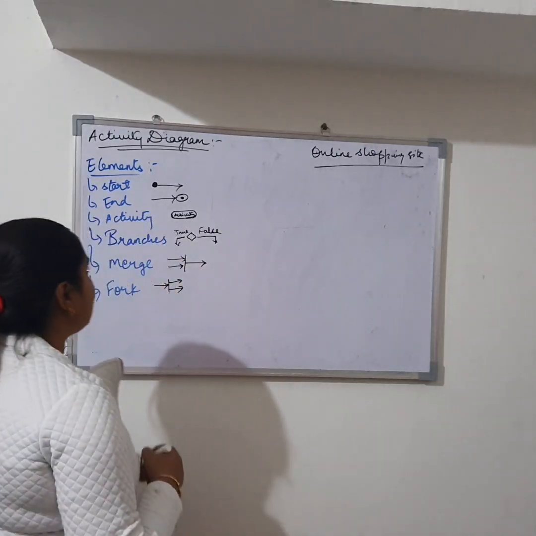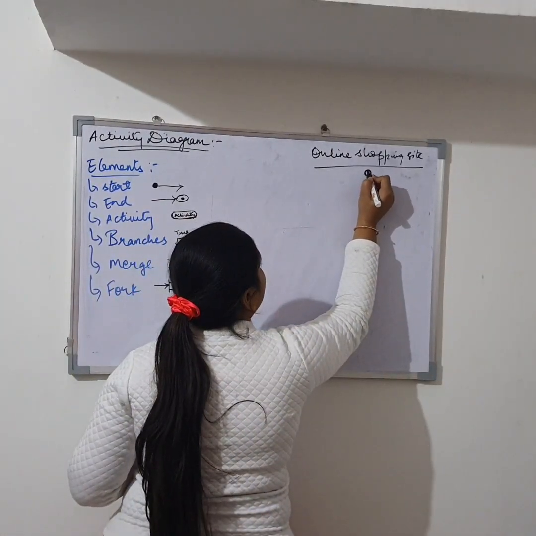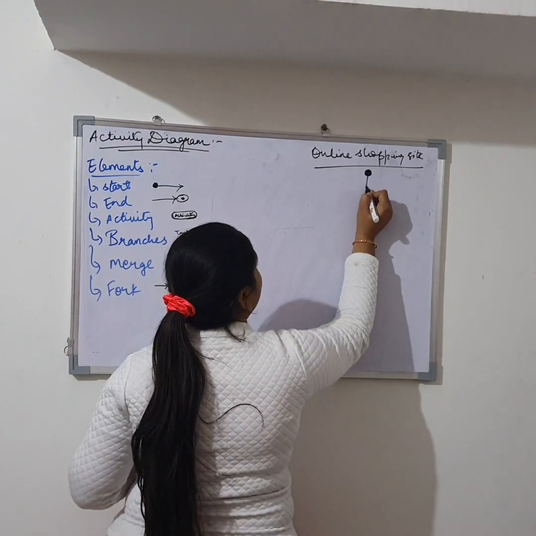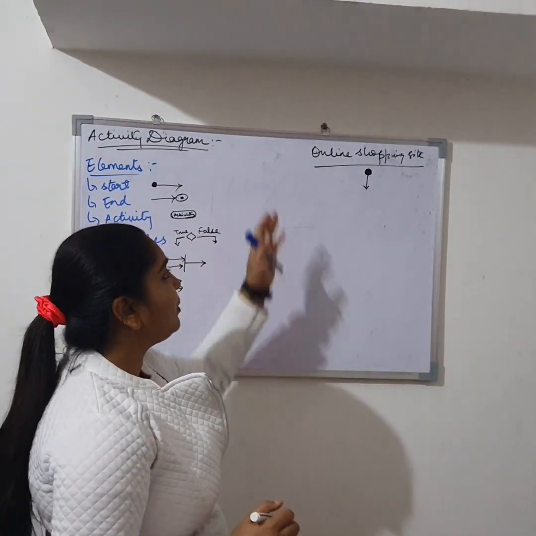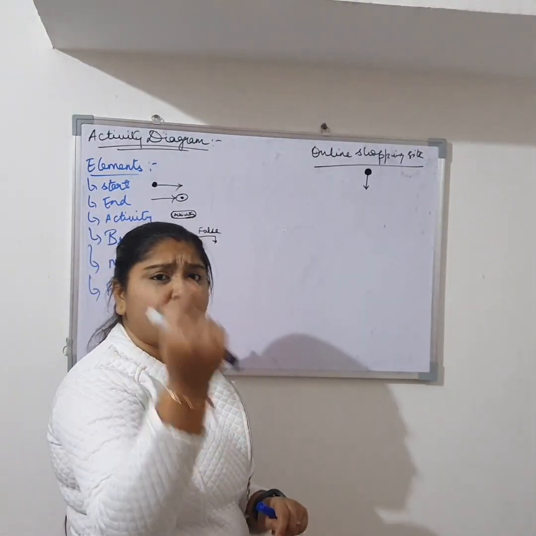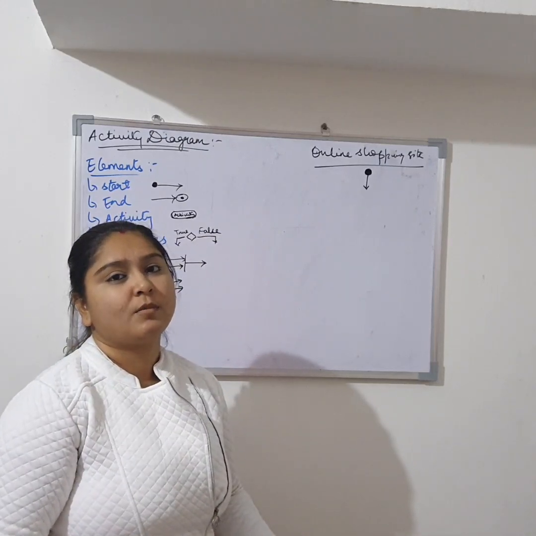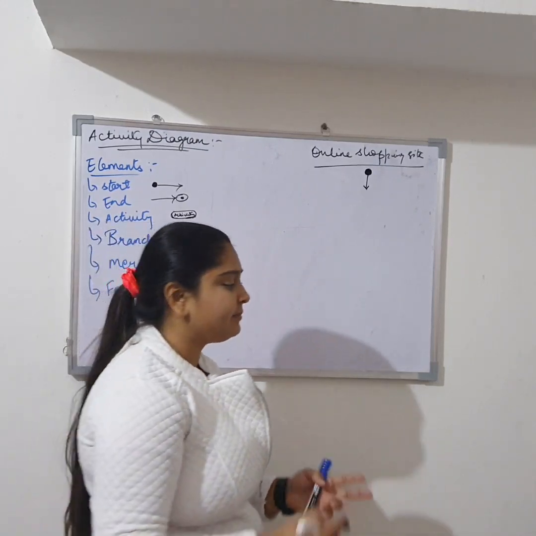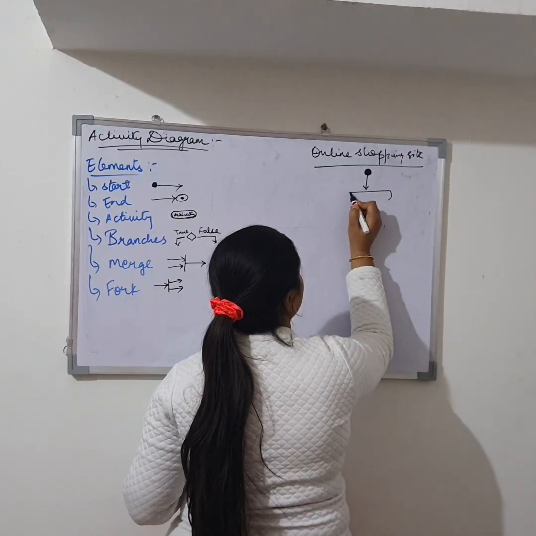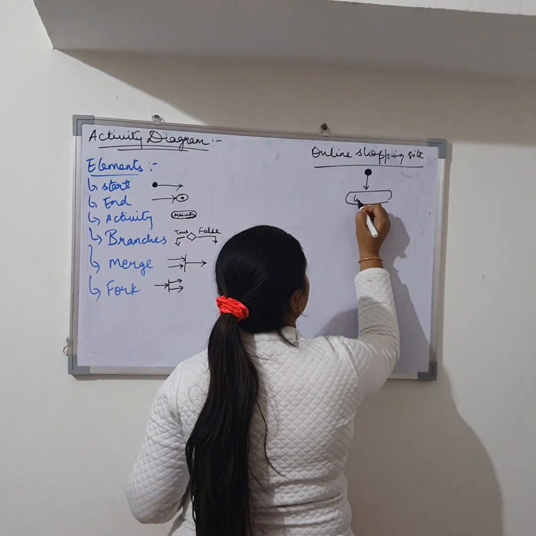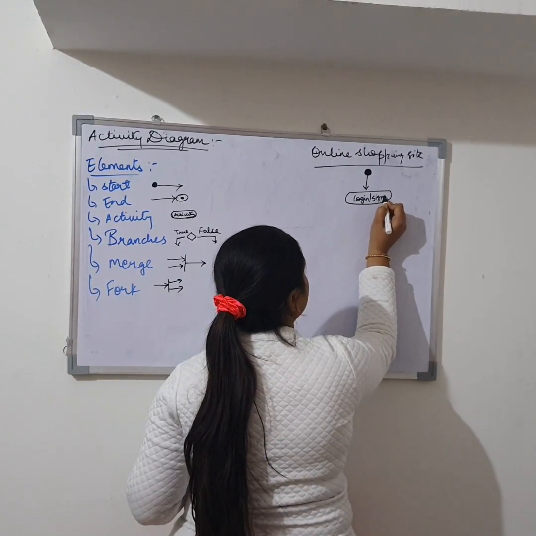So, as usual, first of all, we will start our activity with the given symbol. Then, when we talk about online shopping, the very first activity which we do is obviously logging in. Log in or sign up.